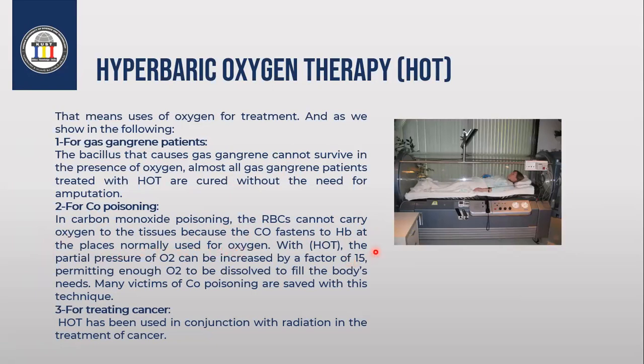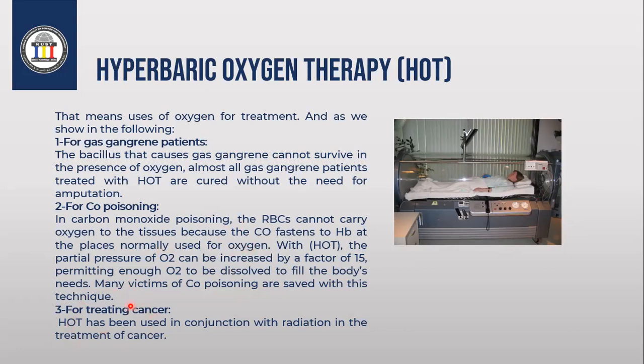With HBOT, what will happen? The partial pressure of oxygen can be increased by a factor of 15, so the oxygen will dissolve and fill the body's need. Many victims of CO poisoning are saved with this technique. They use pressure to push the CO out and put oxygen in instead.